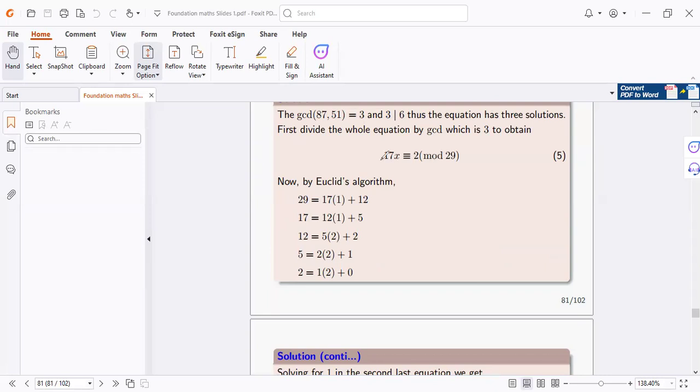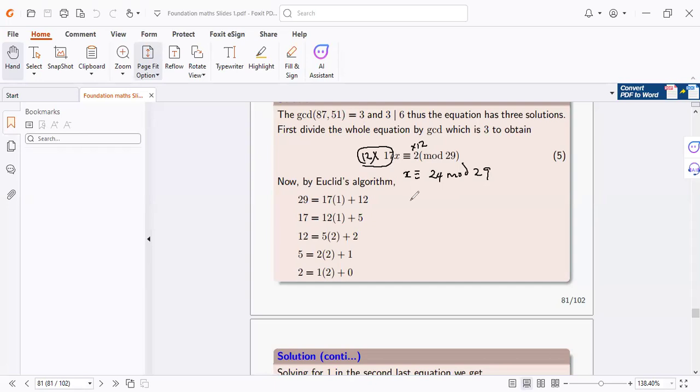So it is this equation that we multiply by 12 on the left side, and then also by 12 on the right side. This left side here will give you 1, 1 times x will be x. And then 2 times 12 will be 24 mod 29.